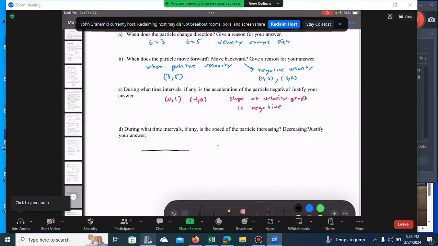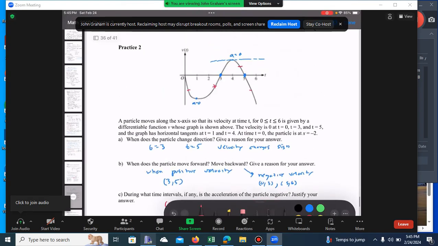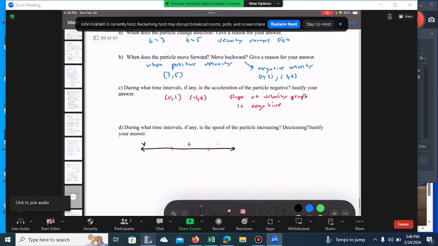So we'll start with velocity since we started this. I said 1 to 4. Oh, I'm sorry, acceleration is positive from 1 to 4.